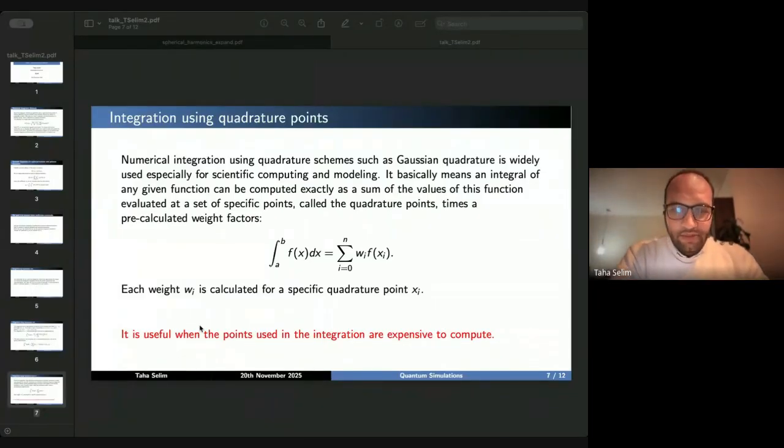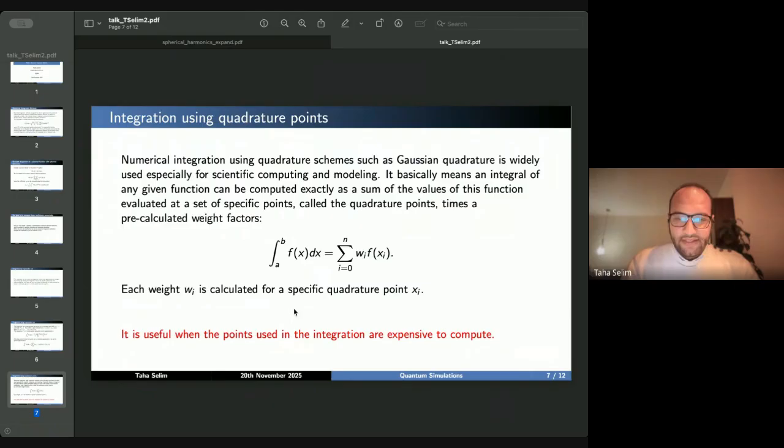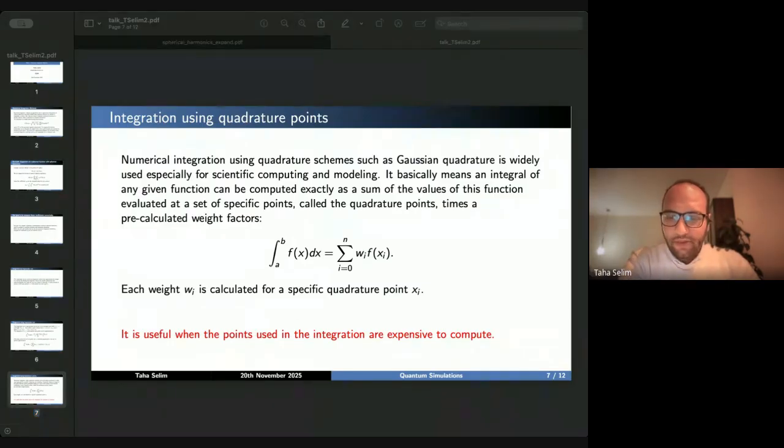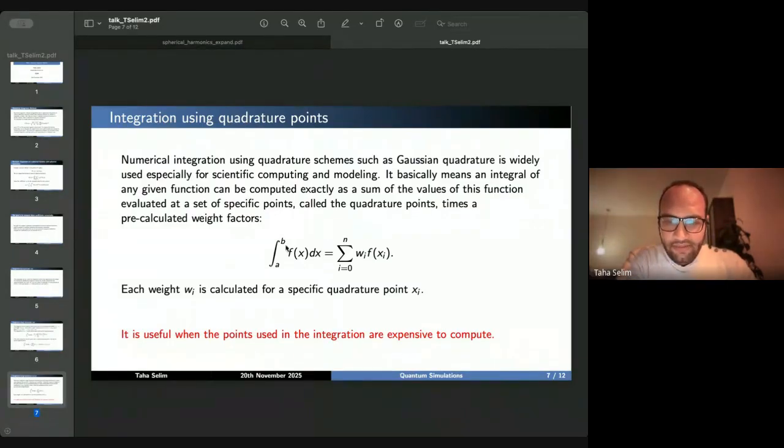Okay, then we go back again to our fancy business. So thanks, Abdullah, for pointing this out. We have here the method of integration using quadrature points, or quadrature methods. The idea of quadrature is that you can integrate a function on a given interval from A to B just by evaluating this function at particular points in this interval times some weights, some weighting factors.